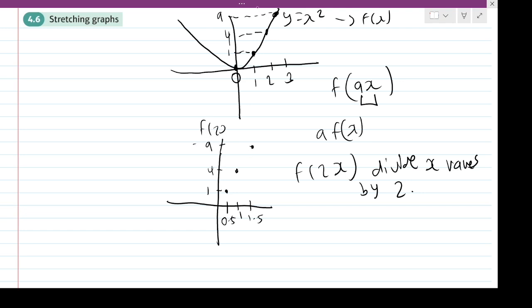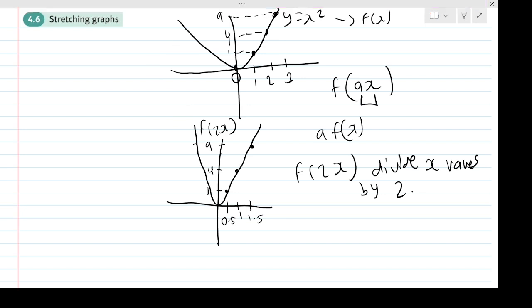So this is f of 2 of x. Now, this will still resemble a quadratic, so we can draw the quadratic curve that goes through these points. It's going to look like that, and then it's going to be symmetrical, so it's going to again look like that. So what do you notice here? What's the difference between the original graph and the graph that I've drawn here?